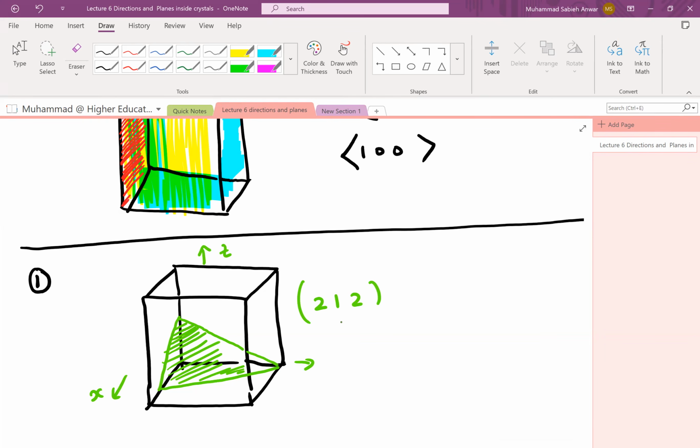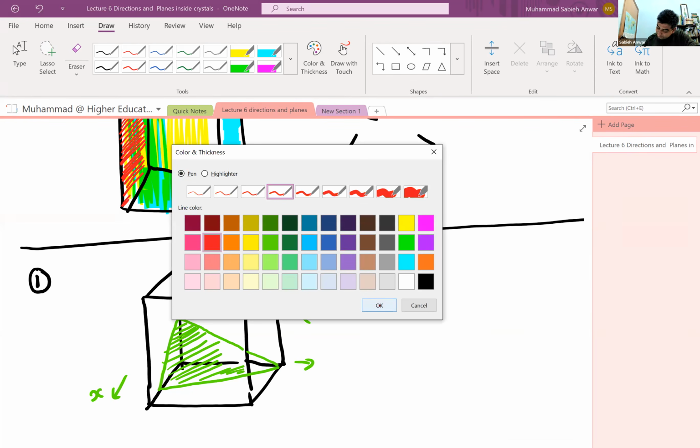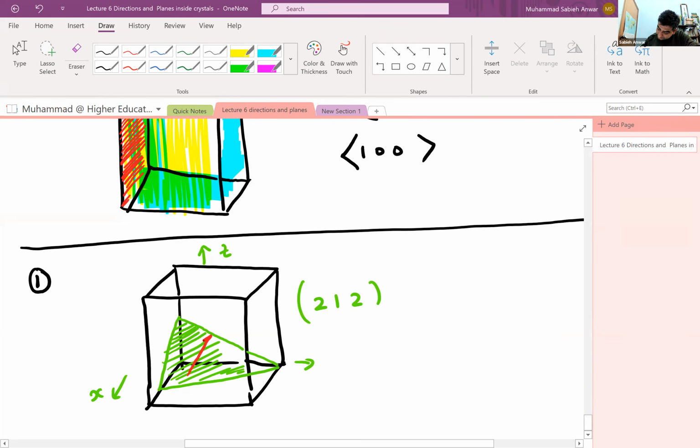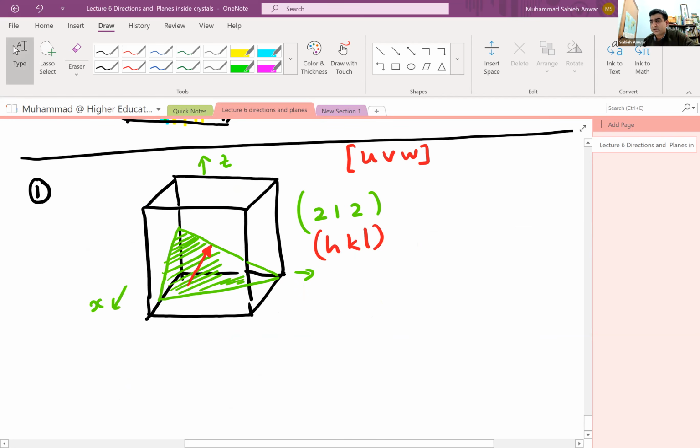Now, if I were to choose a particular direction, U, V, W, and I have a plane HKL, I would like to ask whether the direction lies inside that plane or not.